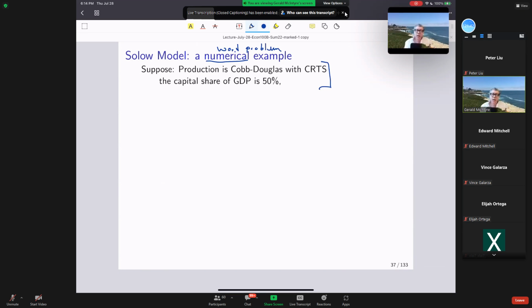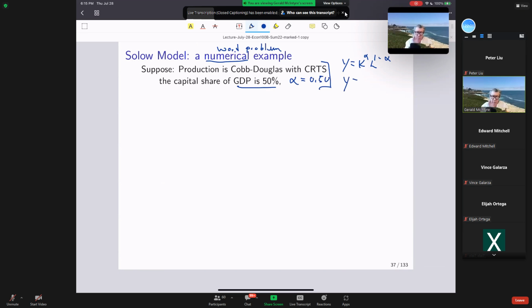These two pieces of information, production is Cobb-Douglas with constant returns to scale, say Y is equal to K to the alpha, L to the 1 minus alpha. The second part, the capital share of GDP is 50%, says that alpha is equal to 50%.